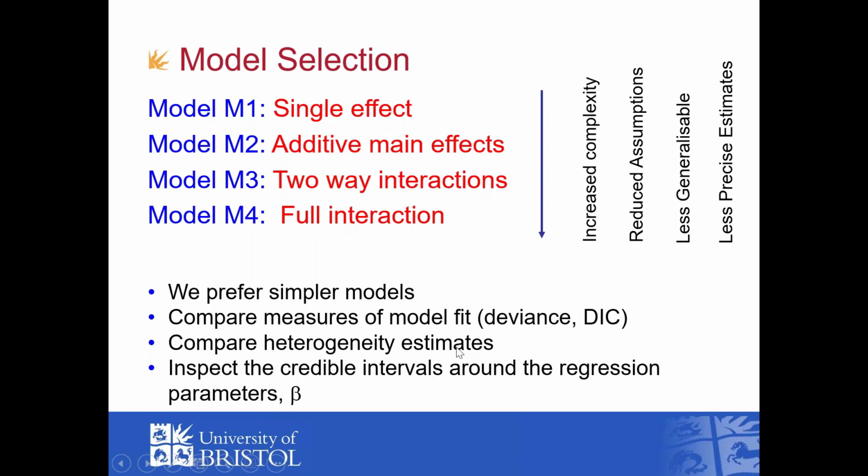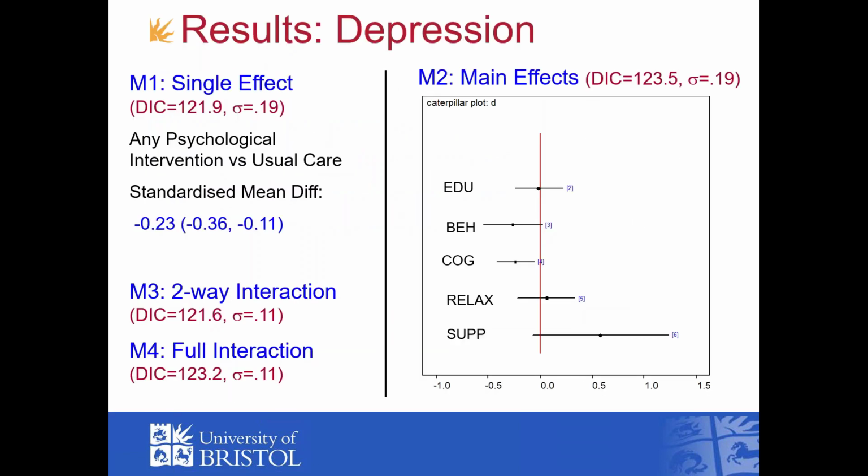So it's important to look at heterogeneity as well as model fit. And looking at the estimates or the intervals, confidence intervals or credible intervals around the estimated regression parameters is also useful, because obviously if that contains 0, then that suggests that we can't be confident that there's a true effect.